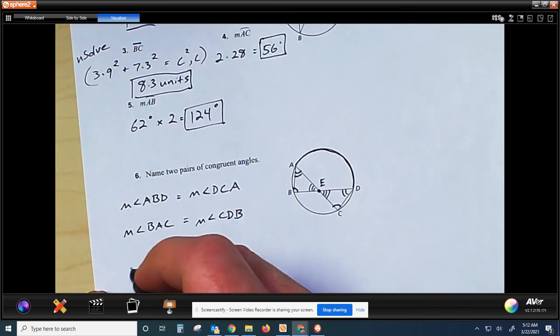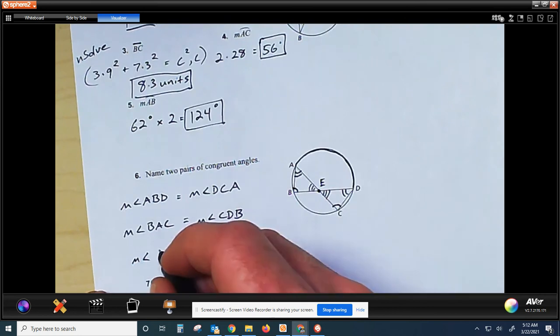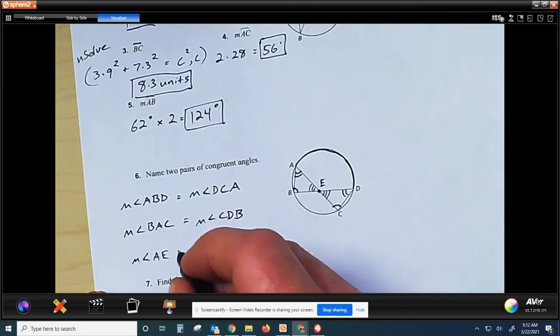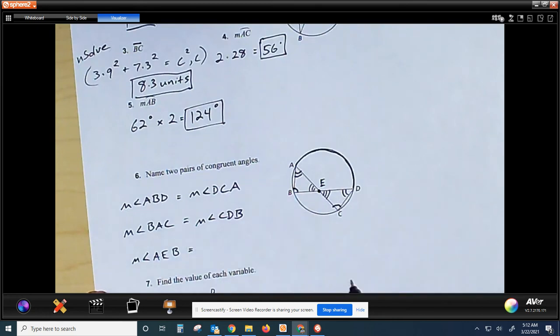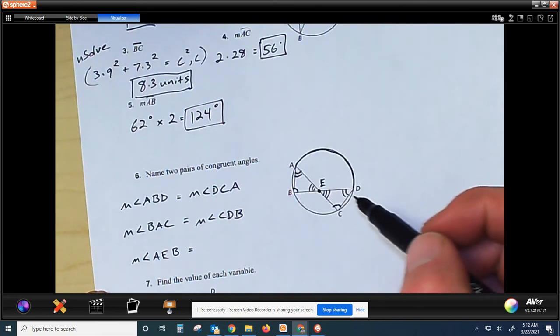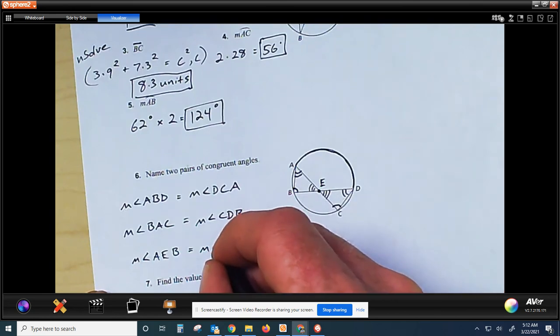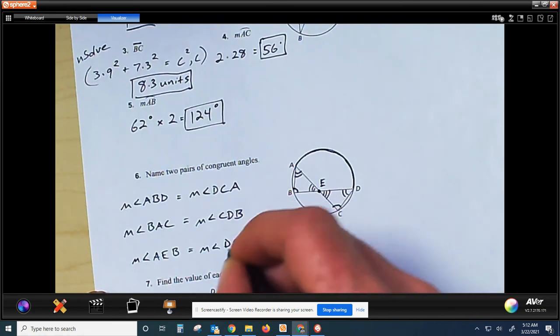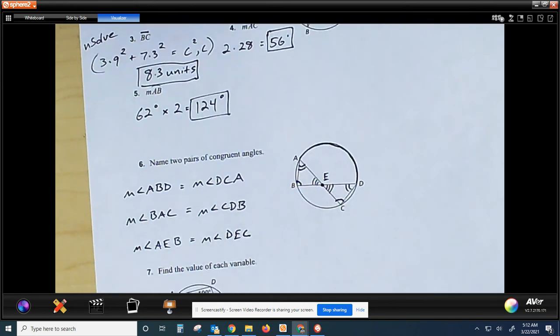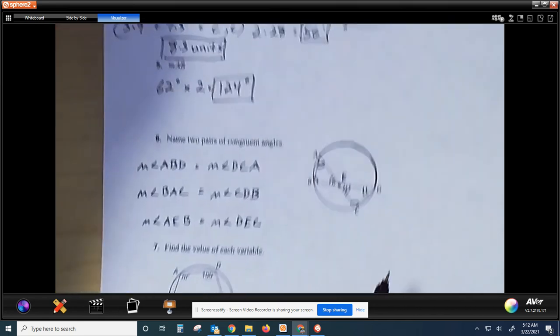So I can say that the measure of angle AEB is equal to DEC. From 4 or 5 letters, a circle, and some lines, you can make mathematically congruent statements. This is part of our puzzle working here. You can do it.